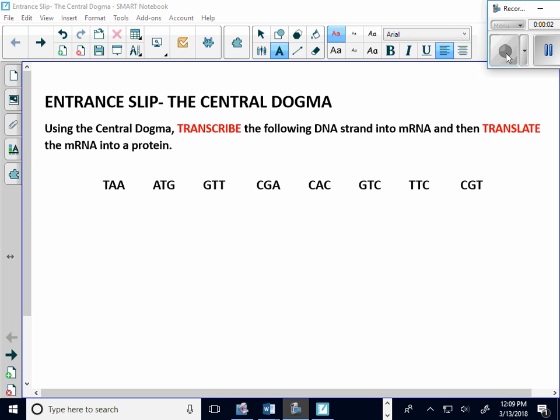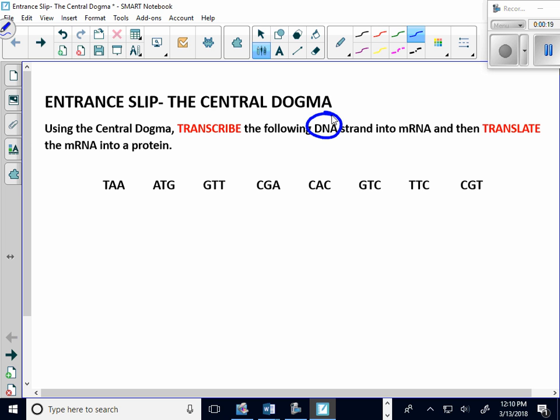Here we go with our entrance slip over our central dogma. Now remember, just reviewing, the central dogma is that DNA is transcribed into messenger RNA. So that's the first part of it.